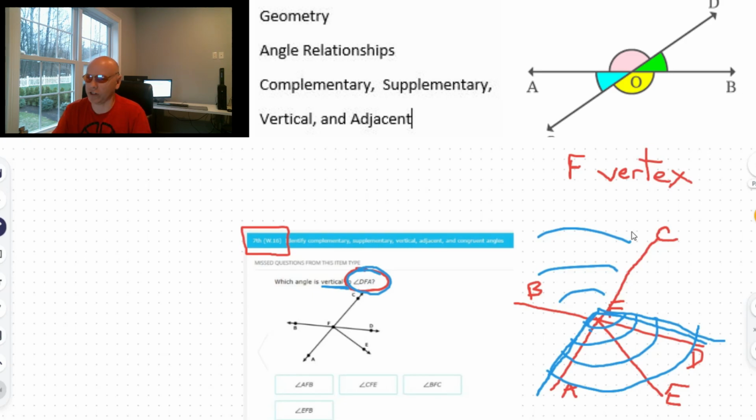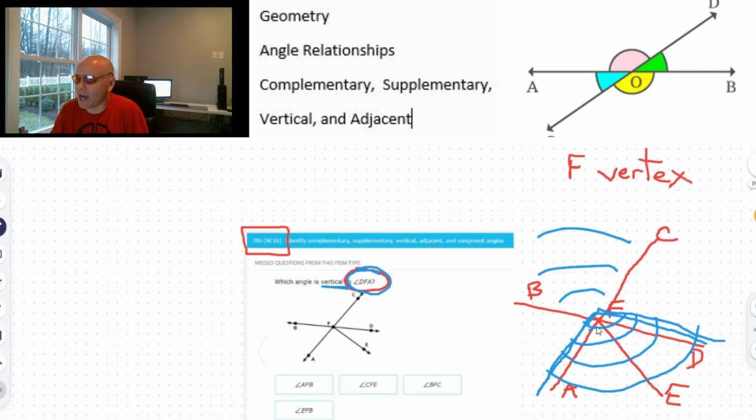So let's look at our choices. Use the multiple choice, right? That's a problem-solving strategy in itself. One of these is the answer. We have a 25% chance, so don't give up. We have angle AFB. AFB, that's down here. That's not the definition of vertical.